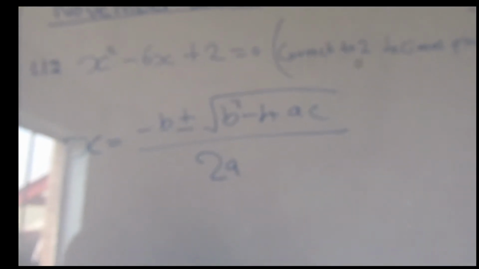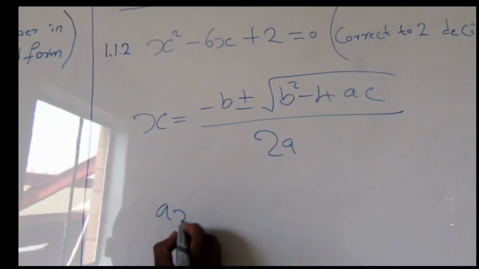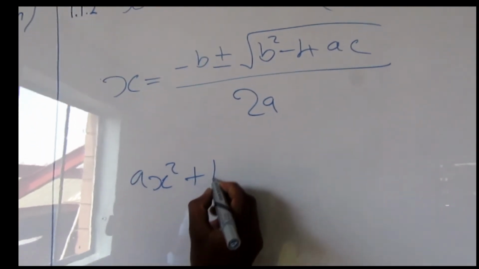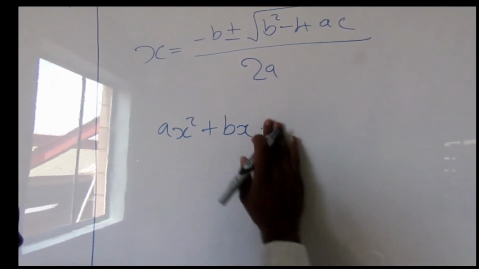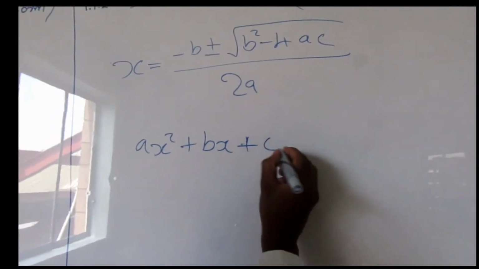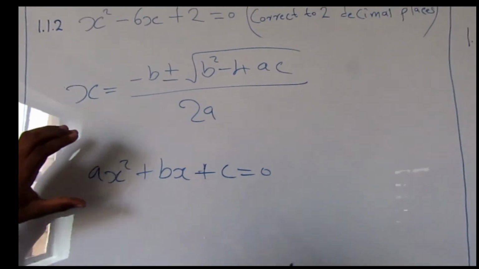Our quadratic formula, remember, says x is equal to negative b plus or minus the square root of b squared minus 4ac, divided by 2a. Then we compare it with our general equation ax squared plus bx plus c is equal to 0.